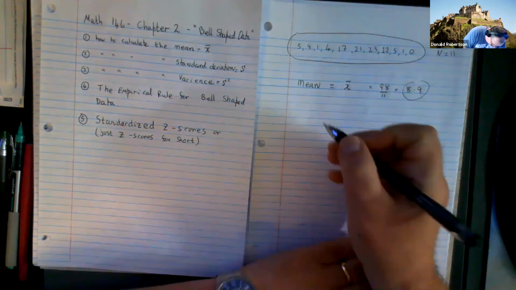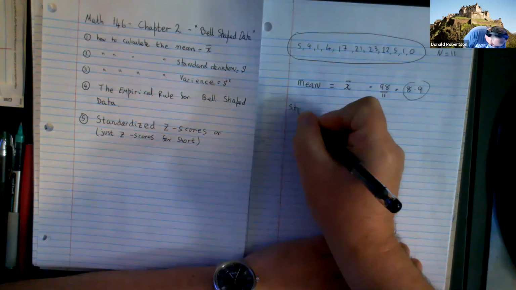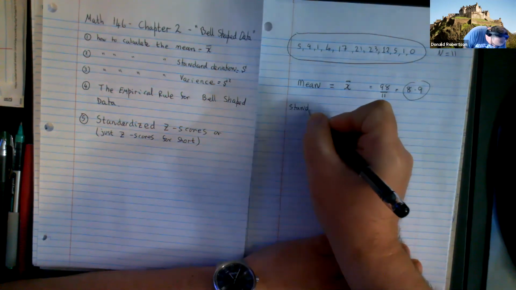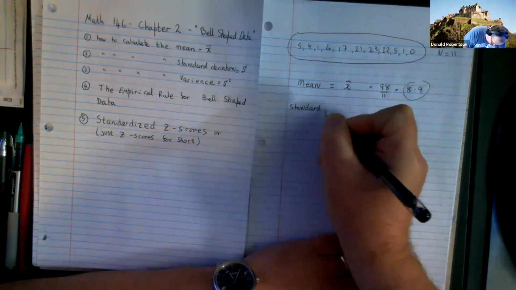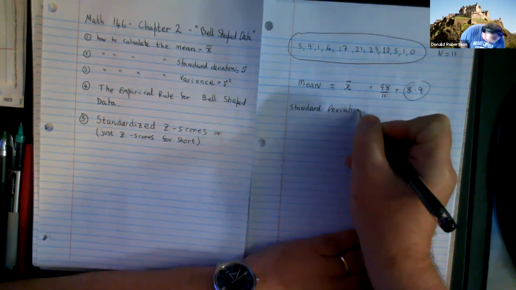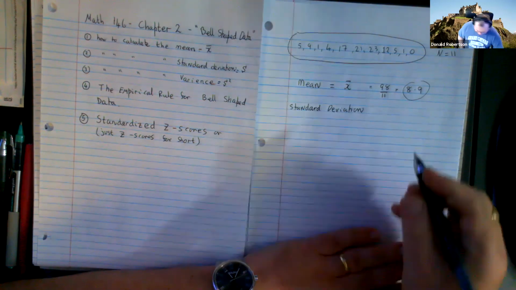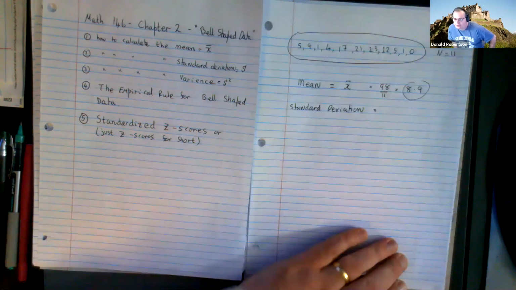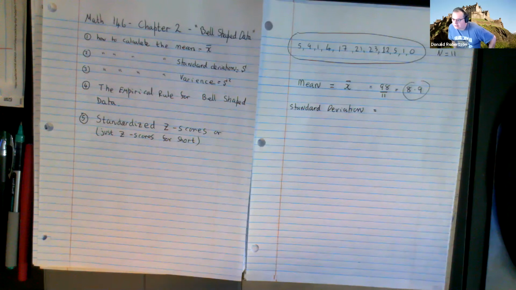Now, there's another guy called the standard deviation. Can you just trust me, you do not want to calculate this thing by hand. Even for a small set of data, it is ridiculously messy and big and awkward and long.